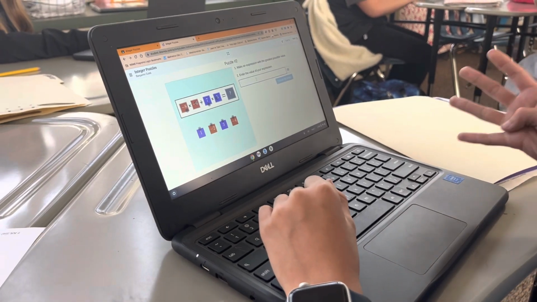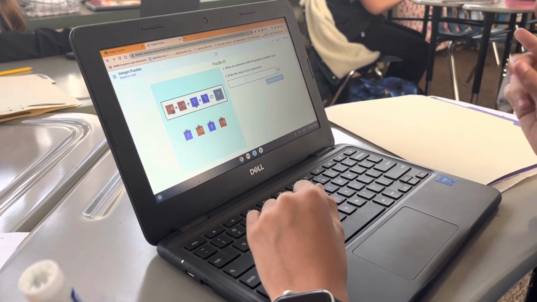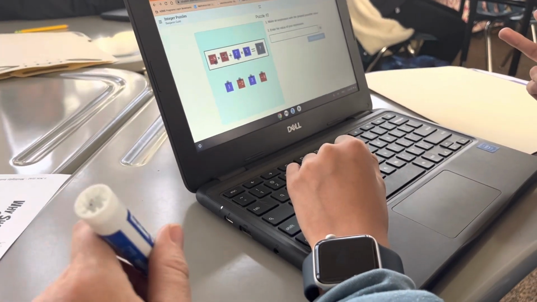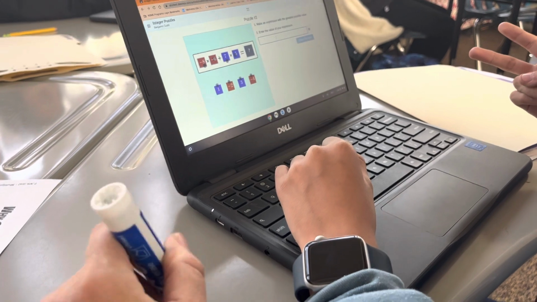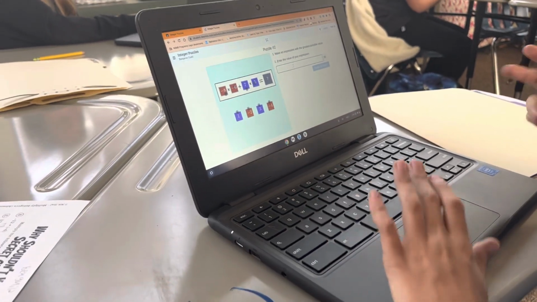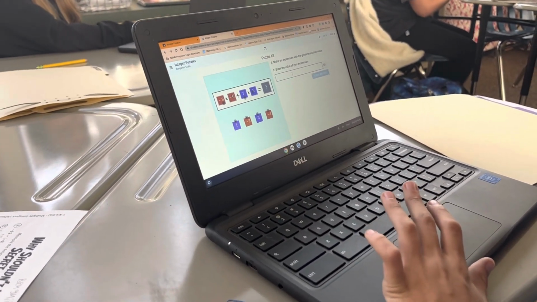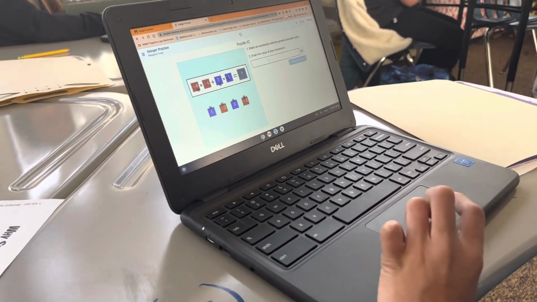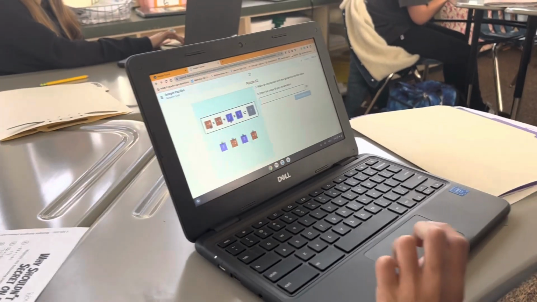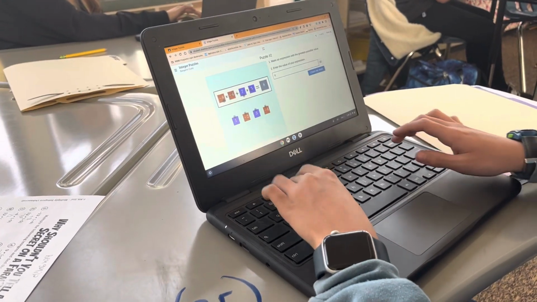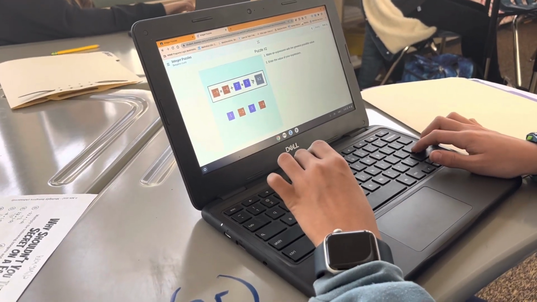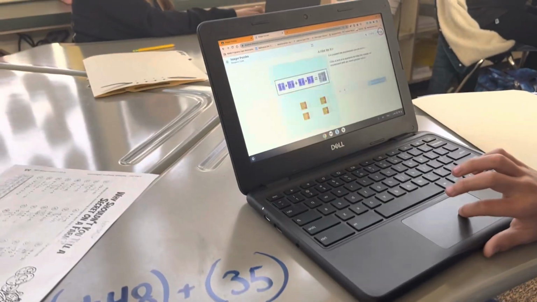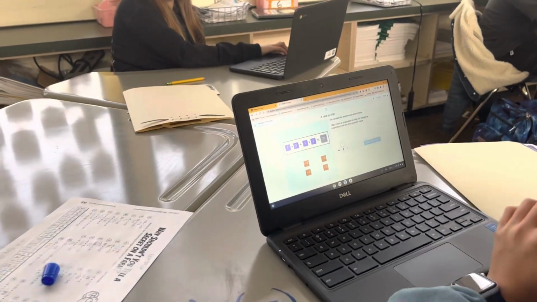You're going to add, but you have to multiply first, right? So 7 times 5 is? 35. Good. So now, to find the value, we need to do what with these two products? We add, right? 83. Go ahead, see if that's correct. Ta-da! You did it. You have the greatest value so far. Wonderful.